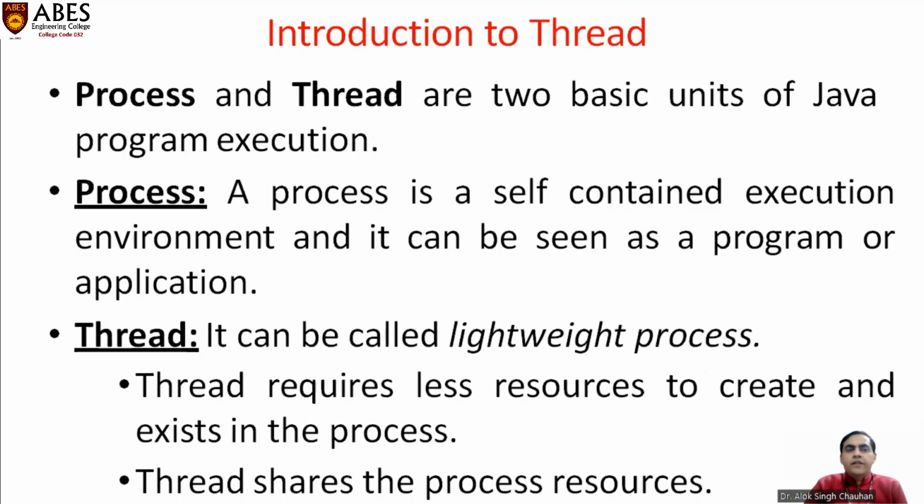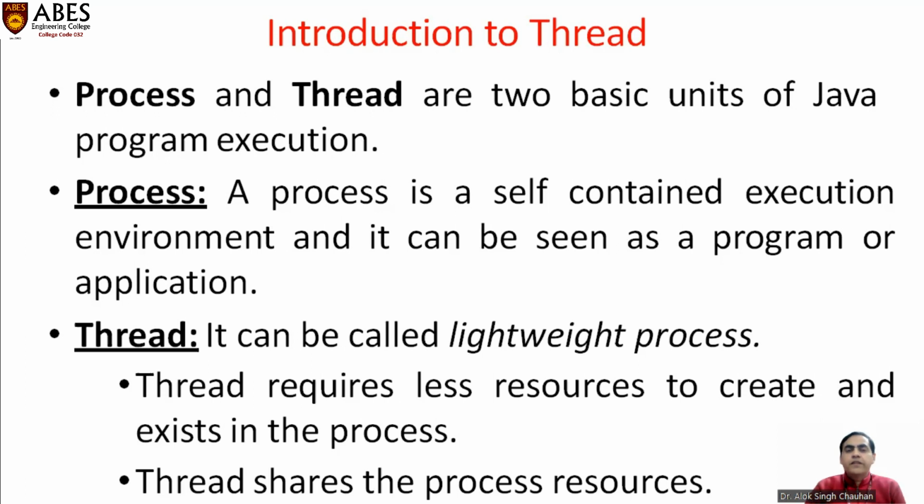First, what is thread? In Java, process and threads are two basic units of program execution. A process is a self-contained execution environment, and it can be seen as a program or application. In simple words, we can say a process is a program in execution. Threads are the segmentation of a process.